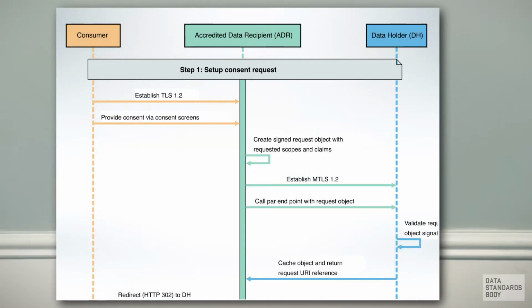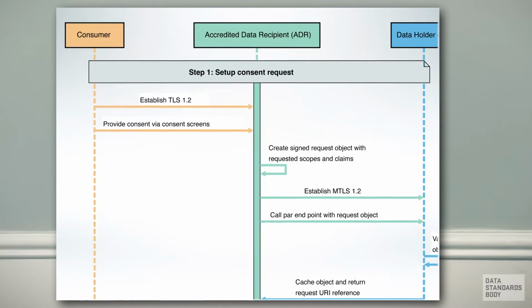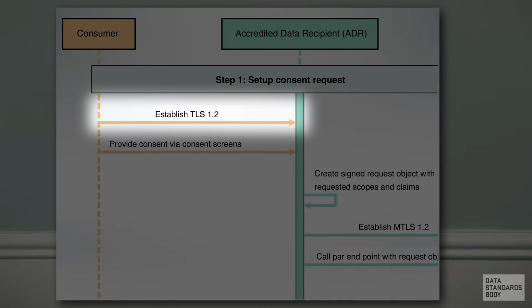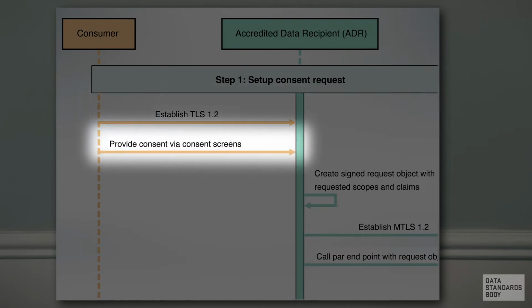And so the first thing we do, and you'll see this repeated all the way through, is the consumer via their device. I haven't represented them as an individual user. When I say consumer here, I'm talking about the consumer's device, browser, mobile app, etc. They establish TLS with the ADR, and they provide consent via consent screens.